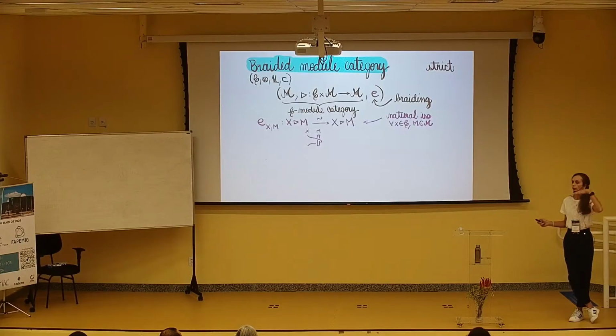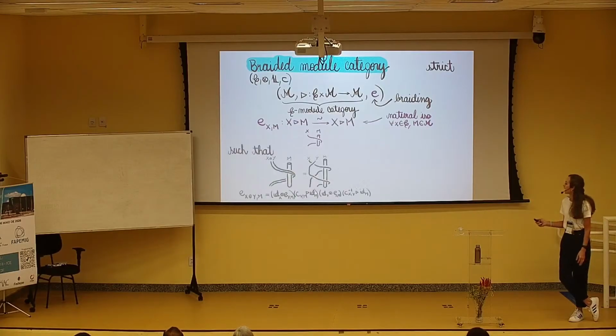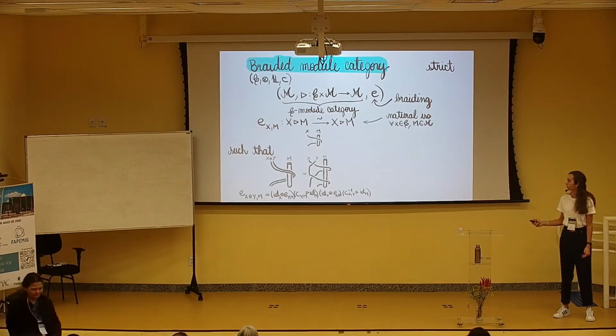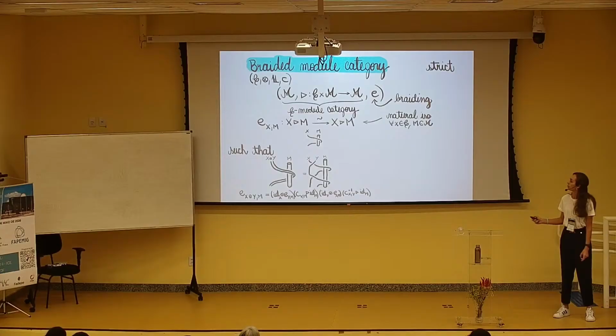So this should satisfy some diagrams, of course, because I have a structure here. If you put a tensor product in the first place, so you go with these two guys and turn around the pole, it should be the same as, recall I have a braided monoidal category that M is a module over, right? So here it is not the C, here is the composition.